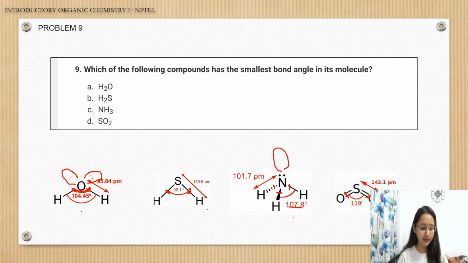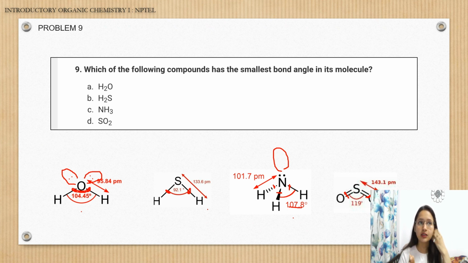So any queries in this question? Why water has a lesser bond angle than ammonia or something? Any query, guys? Bond angle. See, these are experimental values, right? So basically, you have to do some DFT calculation for this. There is a particular field for that, where you are calculating the bond angle and the bond distance between the atoms in the molecules, in which they will be highly relaxed.